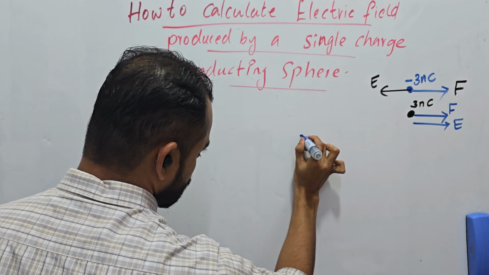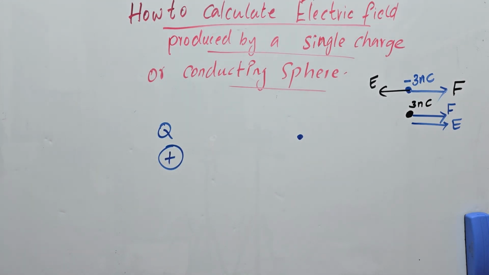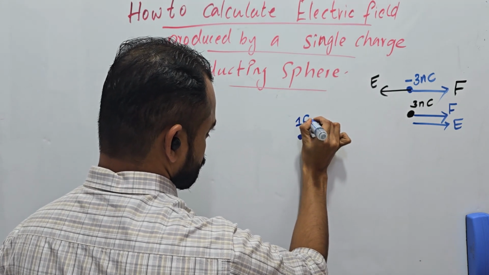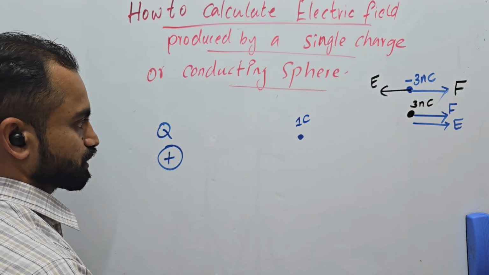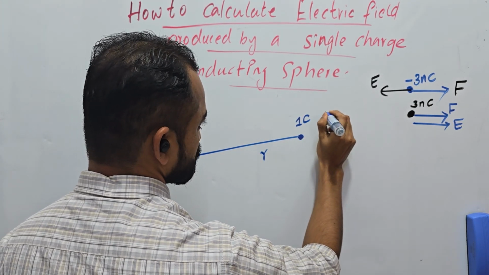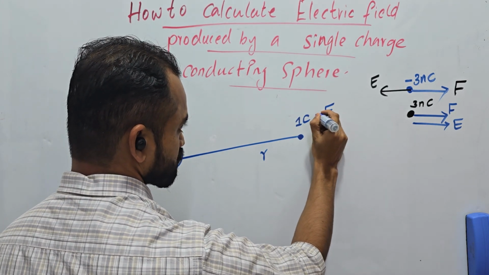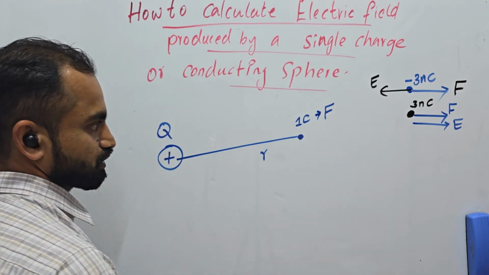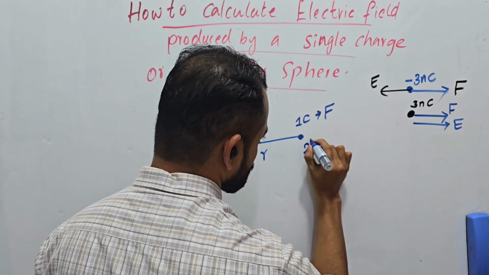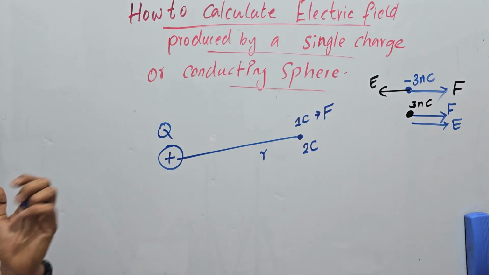We will take one point here, at a distance r. If you place a 1 coulomb charge there, this 1 coulomb charge will experience a force F. If you place a 2 coulomb charge here, will the 2 coulomb charge experience the same force or a different force?